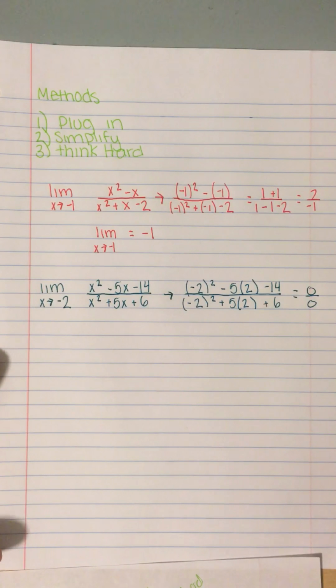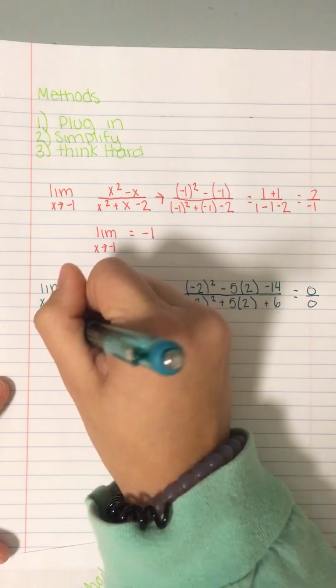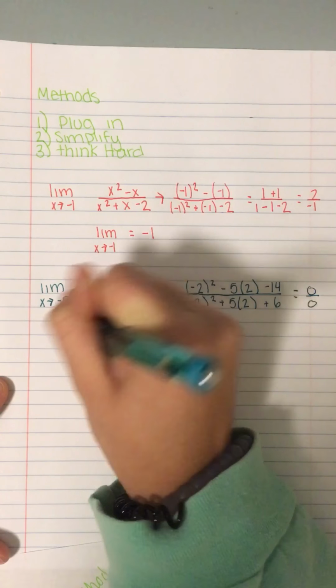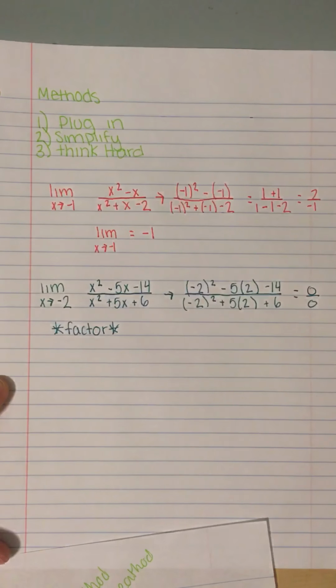When you have 0 over 0, it means that you need to try another method, whether it be simplify or the think hard method. So we're going to do the simplify method for this. What we're going to do is factor.